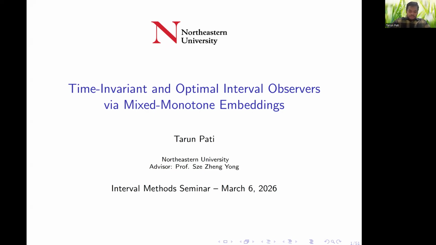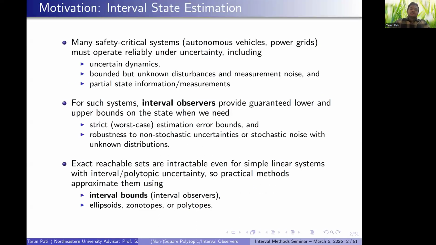So to begin with, many modern control systems like autonomous vehicles, robotic systems, and power grids operate under uncertainty, and they need to operate reliably under these uncertainties because many of them include safety critical applications. These uncertainties may arise from uncertain dynamics, bounded but unknown disturbances and measurement noise, or partially known state or measurement information.